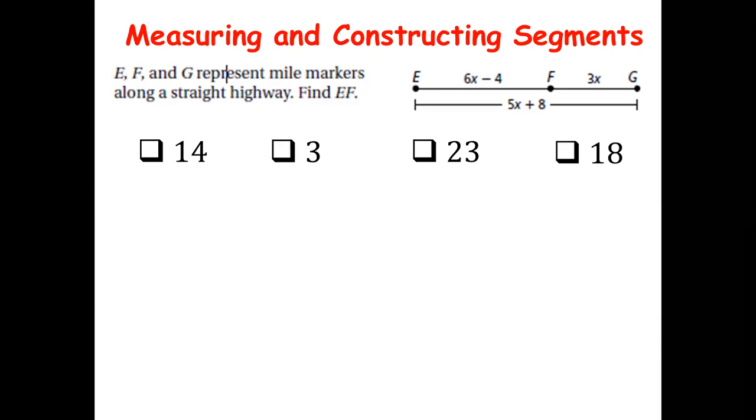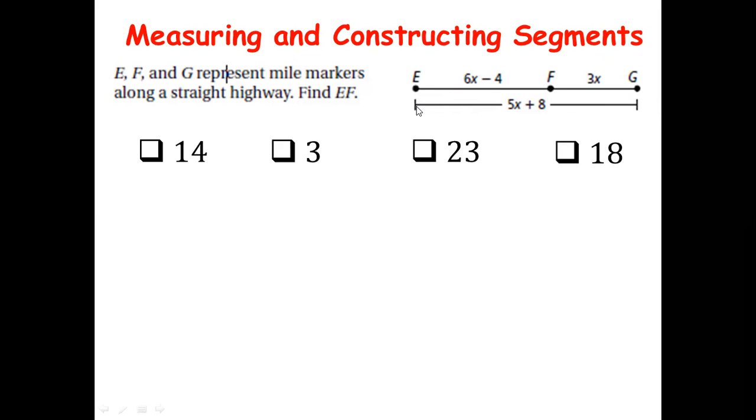I'm sure most of you would have got this answer and you know how to do this, right? But before we show the answer, let me show you how you have to work on these questions. The whole line is named as EG. So the complete length of the line is given to be 5x plus 8.